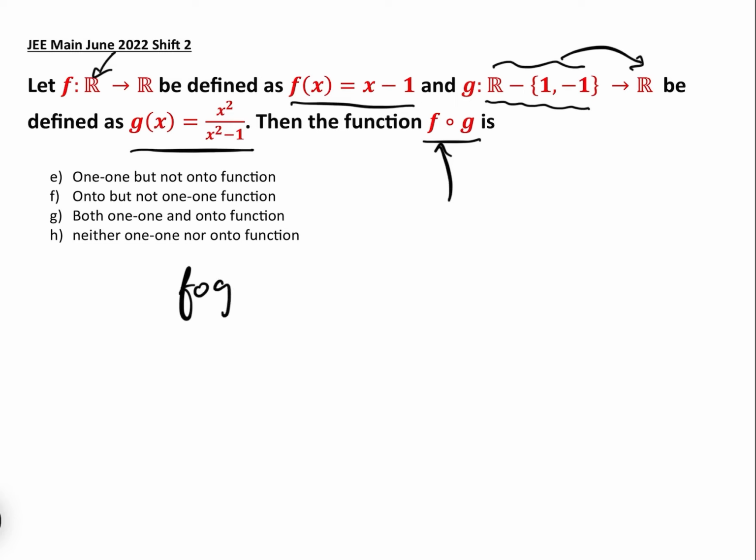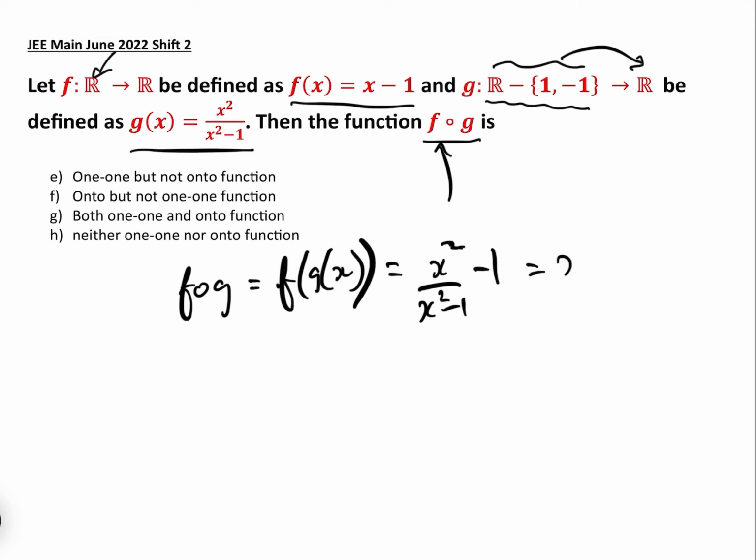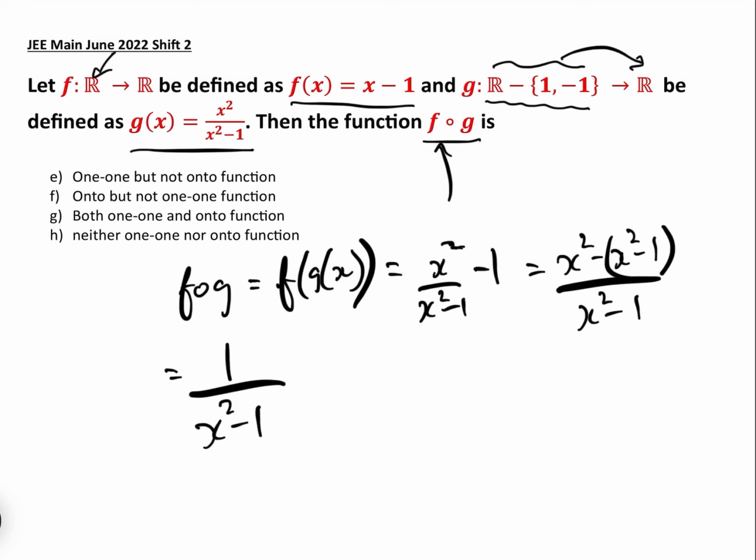So let's first of all calculate what f on g is. Well, that equals f of g of x, which equals, where's g? x squared over x squared minus 1, so that equals x squared over x squared minus 1 minus 1, which equals x squared minus 1 over x squared minus 1, which equals 1 over x squared minus 1. That is f on g.